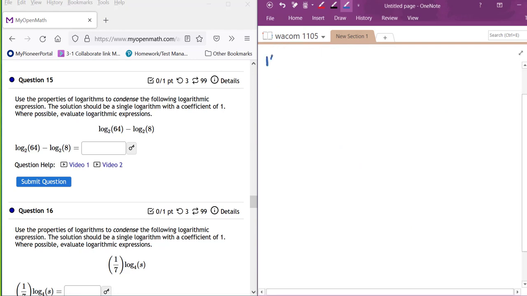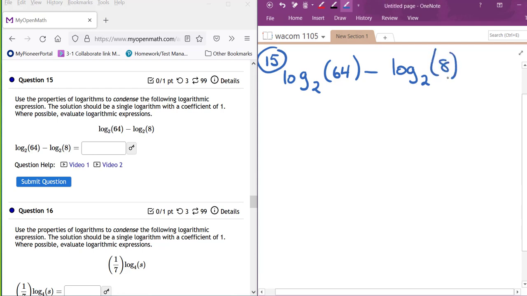So 15. We are also going to condense. So log base 2 of 64 minus log base 2 of 8. This one is subtract, so it is going to be a quotient. So log base 2 of 64 divided by 8.